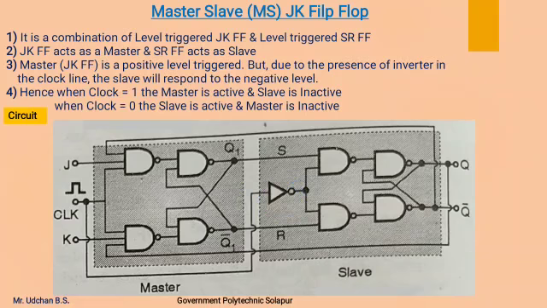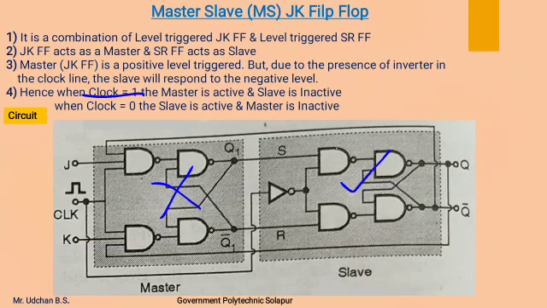So when the clock is 1, the master is active whereas the slave will be inactive as it receives clock 1, whereas when the clock is 0, the master is inactive as it is positive level triggered, whereas the slave is active as it is negative level triggered.